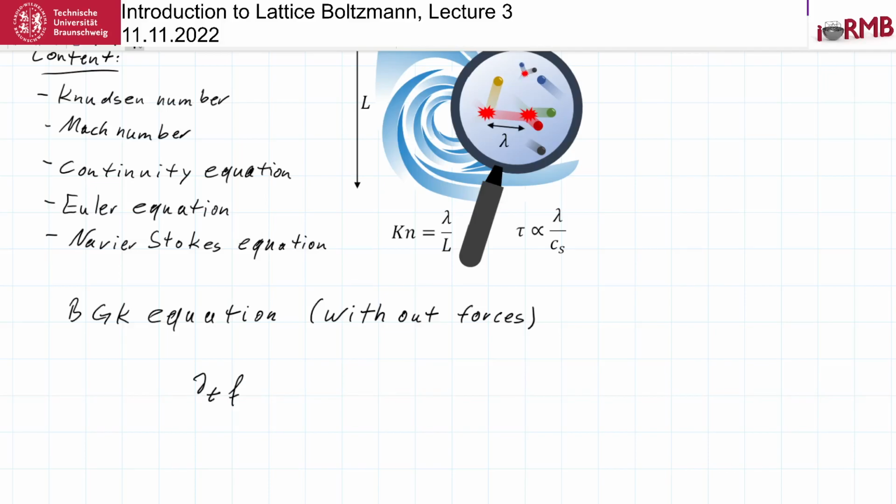So this is the time derivative of the distribution function plus the advection term. This is equal to the collision operator from the Boltzmann equation, and the BGK equation is the simplification of the collision operator as the difference between an equilibrium state coming from the H theorem minus the state in which the particles are, divided by tau.